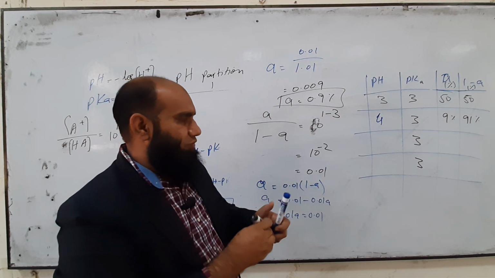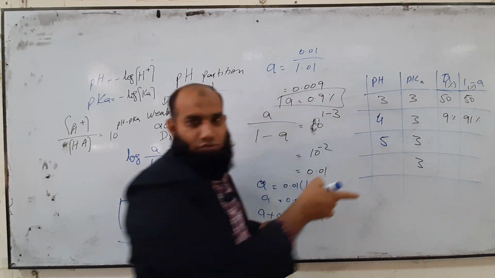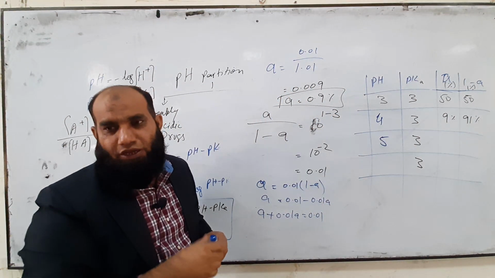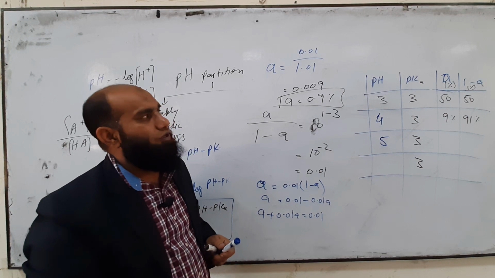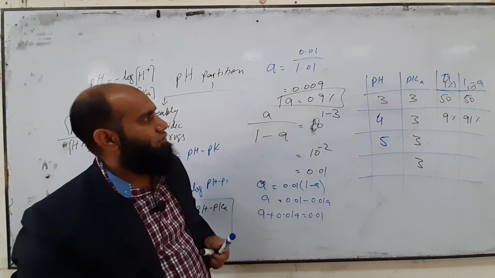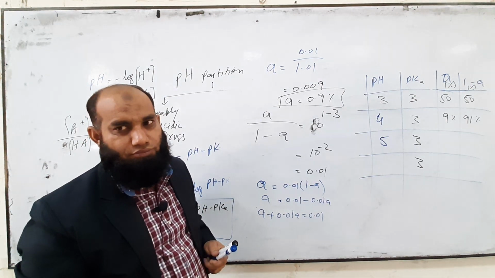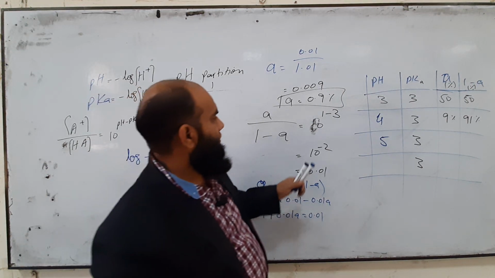Same case, if we have the difference of positive 2, means pH is 5 and pKa is 3, then what is the ionized concentration? We can calculate here once again.